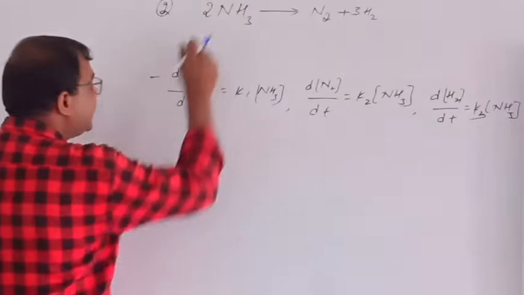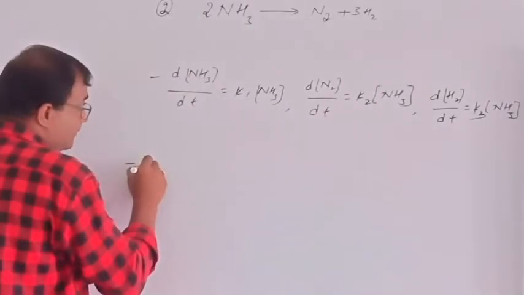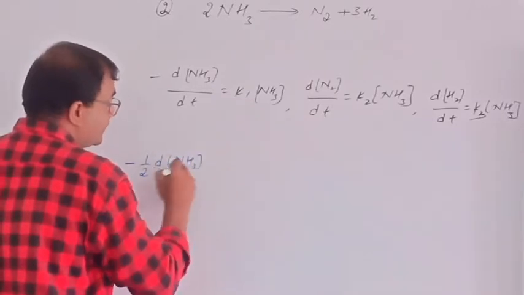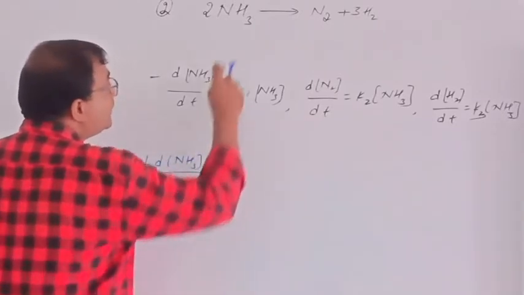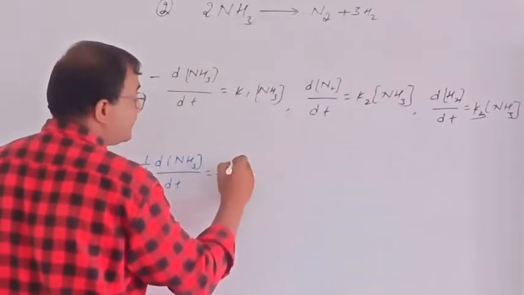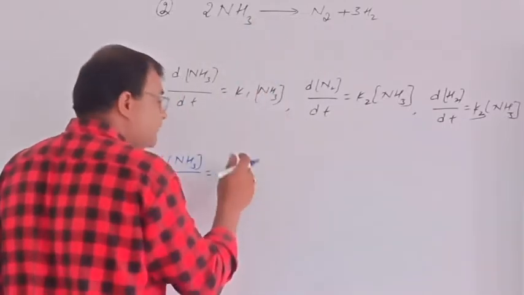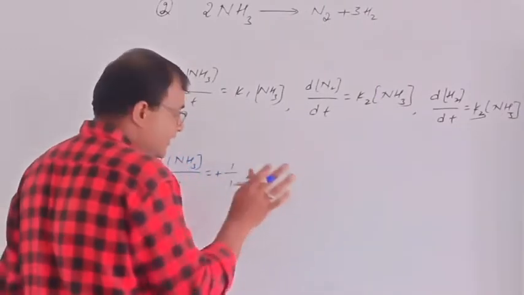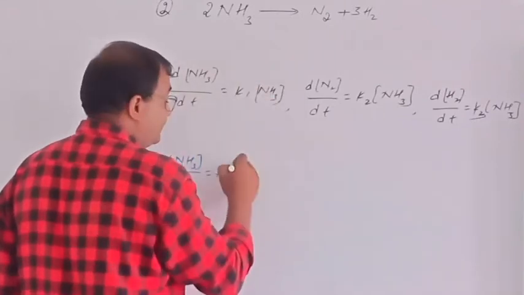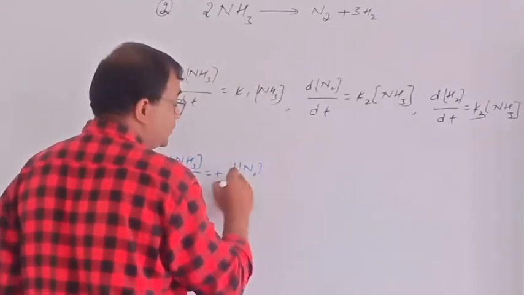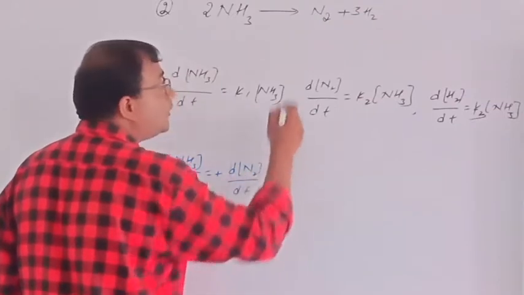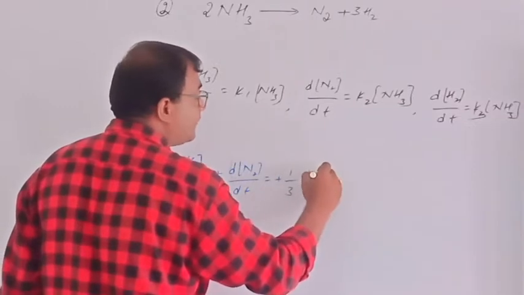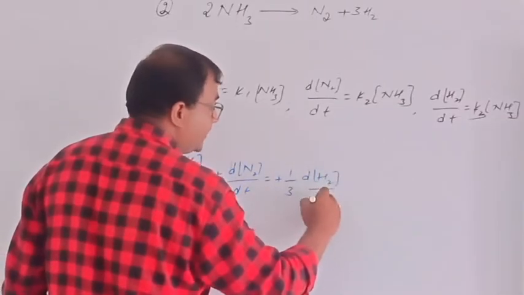So we'll write this: minus 1 by 2 d of NH3 by dt is equal to plus 1 by 1 only, no worries, or else you can eliminate it, d of N2 by dt is equal to plus 1 by 3 d of H2 by dt.